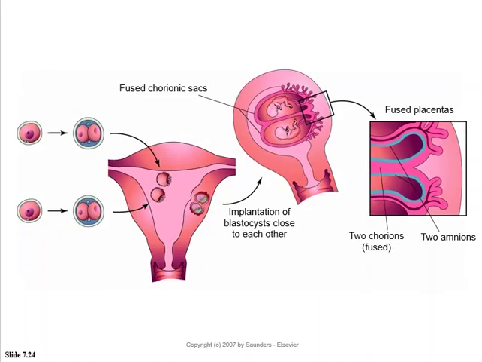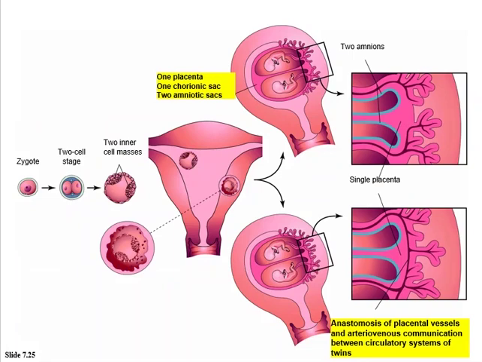In case of dizygotic, if two zygotes are implanted just near together, the chorionic sacs may be fused and the placentae may be fused also. In case of monozygotic twins, that means the twins occur from a single zygote, the inner cell mass divides into two regions.